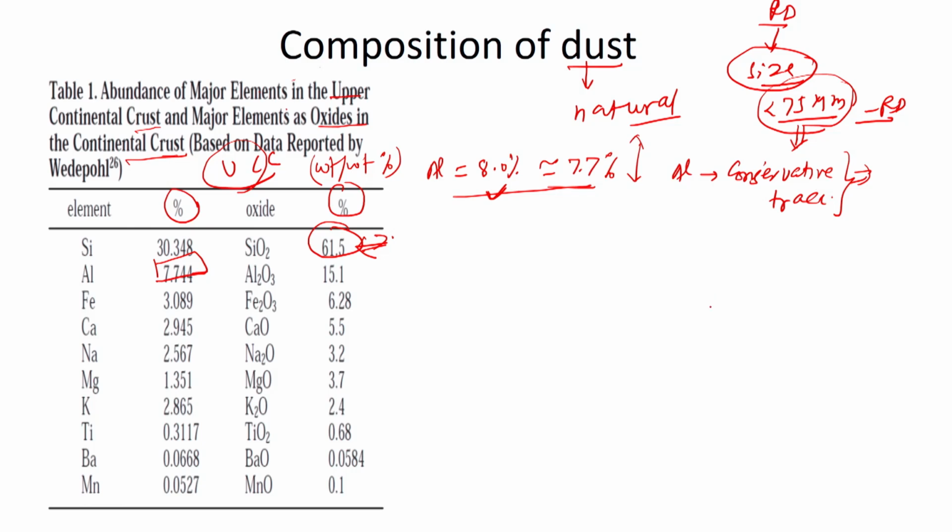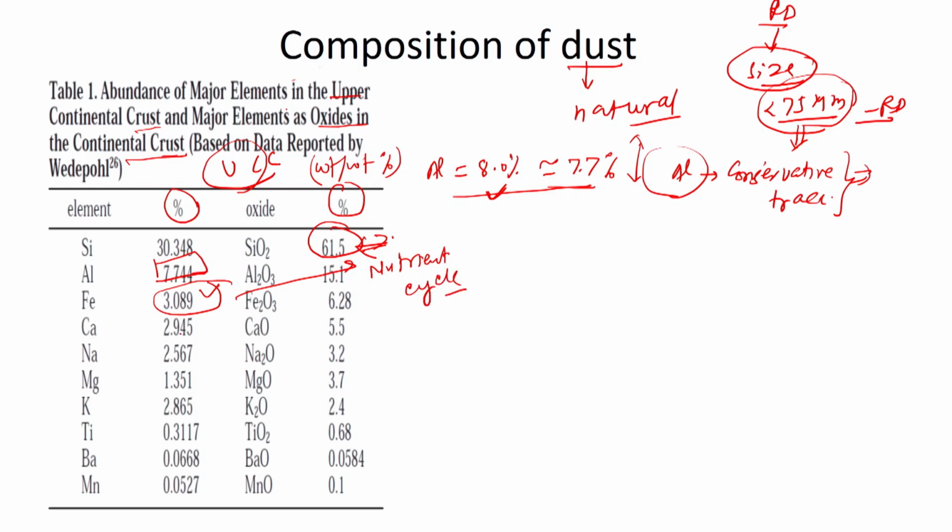But yes, now lots of aluminum manufacturing industries are coming, and from there aluminum can be generated and become part of the aerosols, and then of road dust as part of the dust aerosols. Still, because of its conservative nature, aluminum is taken as a tracer for constructing road dust. The third important element is iron, which is also very important for studying the nutrient cycle. We will discuss in the coming few slides how the nutrient cycle is important.